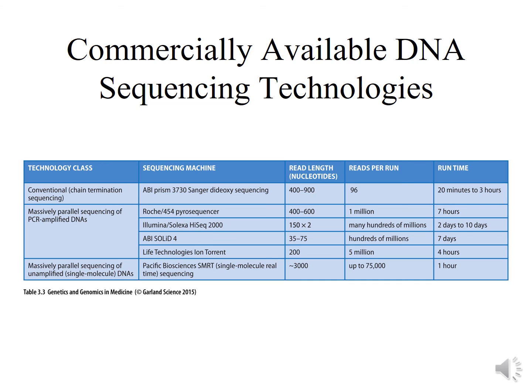Some of these require amplification of the starting DNA, while others rely on unamplified starting DNA, single molecule DNA sequencing. They vary in different parameters, such as read lengths, the length of DNA sequence generated per starting DNA, run lengths, and the number of different DNA sequences that can be conducted in parallel.